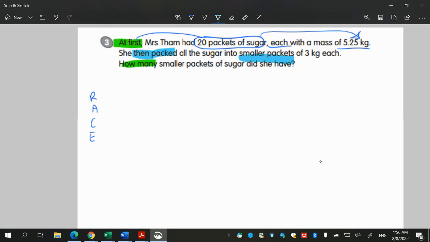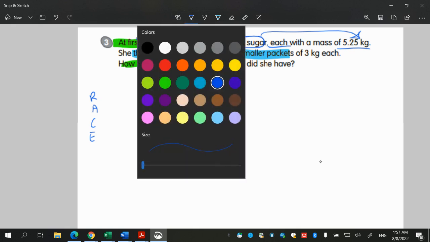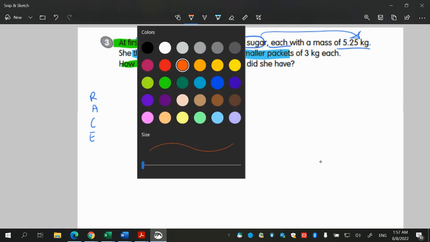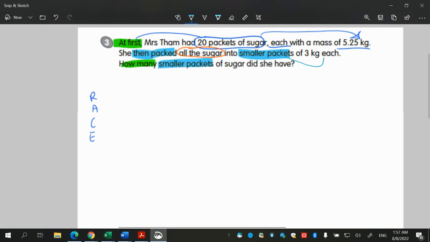Smaller, that's where the question comes up. In the next line, smaller packets of 3 kilograms each. This shows how important the information provided is. If you've got a series of actions, what is all the sugar, and what are the smaller packets?